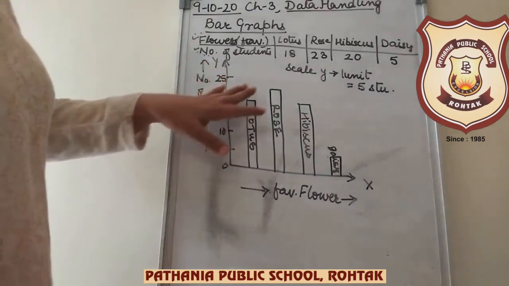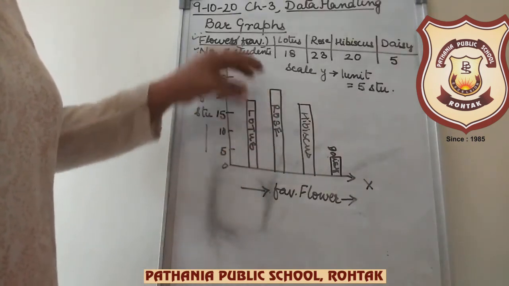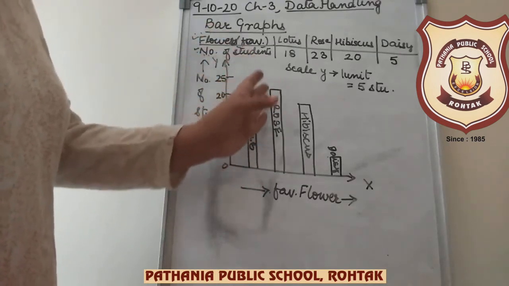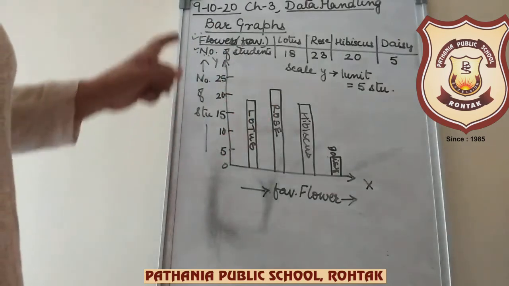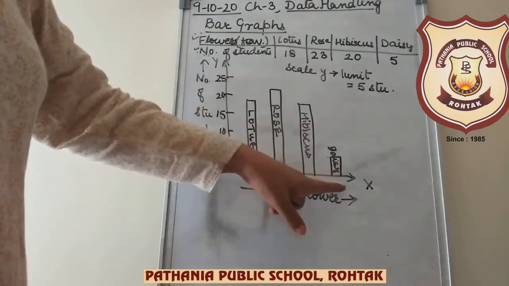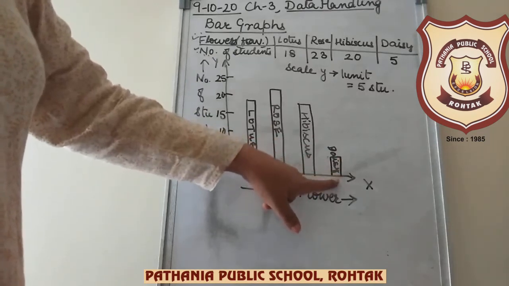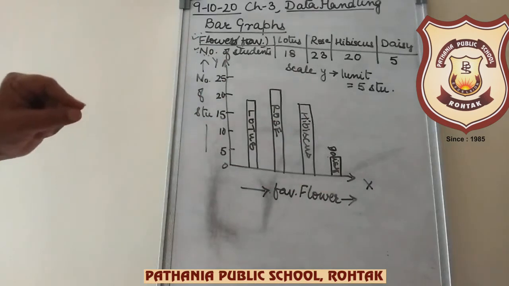I'll say rose is the most preferred, or the maximum number of students like rose as their favorite flower, and the least preferred flower is daisy. Daisy is liked by very few students.